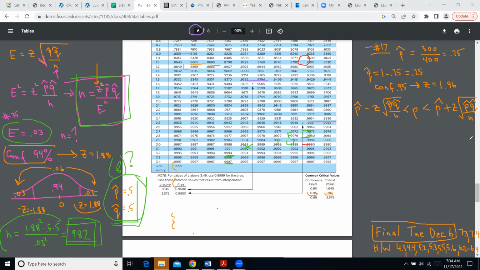So let me calculate the left side, and then you can calculate the right side. So what I do is I put 0.75 minus z, which is 1.96, multiplied by the square root of p times q, 0.75 and 0.25, right?